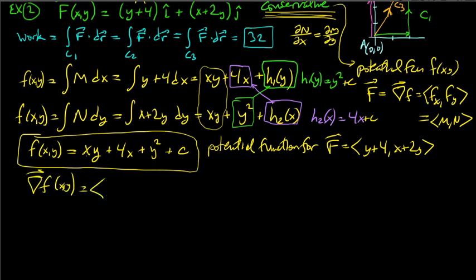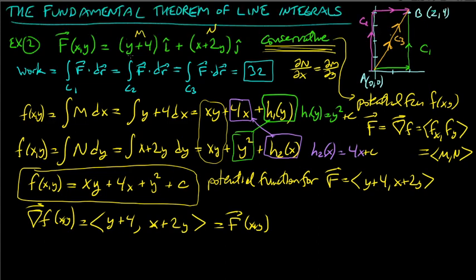Take the partial with respect to x, you get y plus 4. And if you take the partial with respect to y, you get x plus 2y, plus 0, since the c is constant and becomes 0 in the derivative. And this is, of course, just the vector field F itself. Yep, same vector field, same M and N.